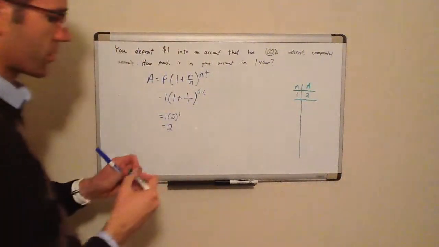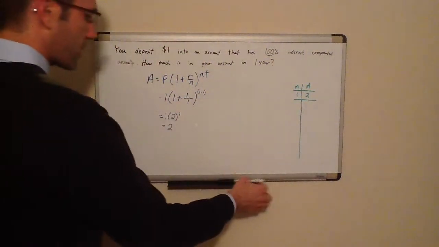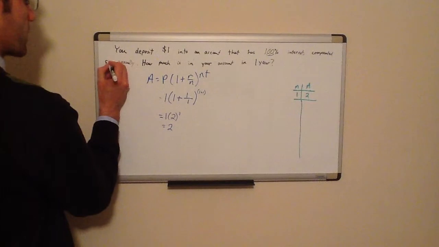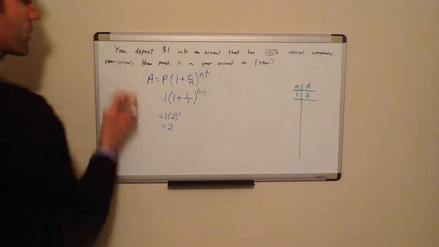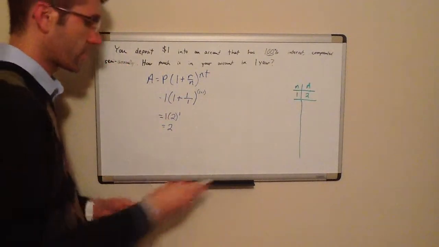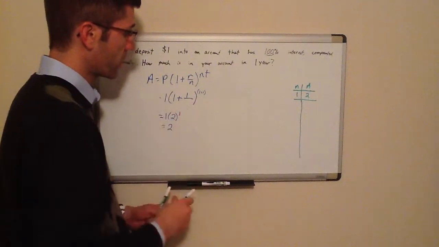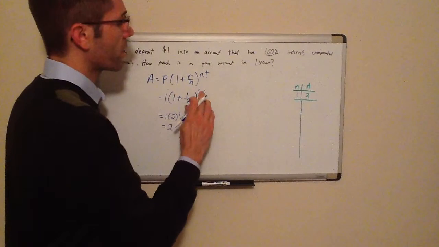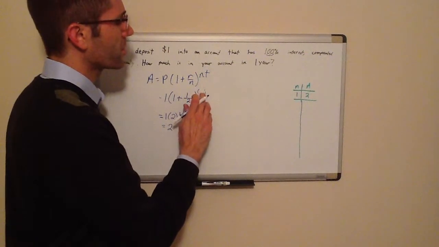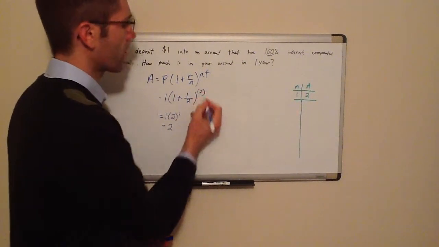Alright, let's change the wording of this problem just a little bit. Let's just call it semi-annually. If I say it's semi-annually, then it happens twice a year. And since it happens twice a year, we'll change this to a 2, and we will change this to a 2. Since the exponent is multiplied by 1, we're just going to start leaving that off.